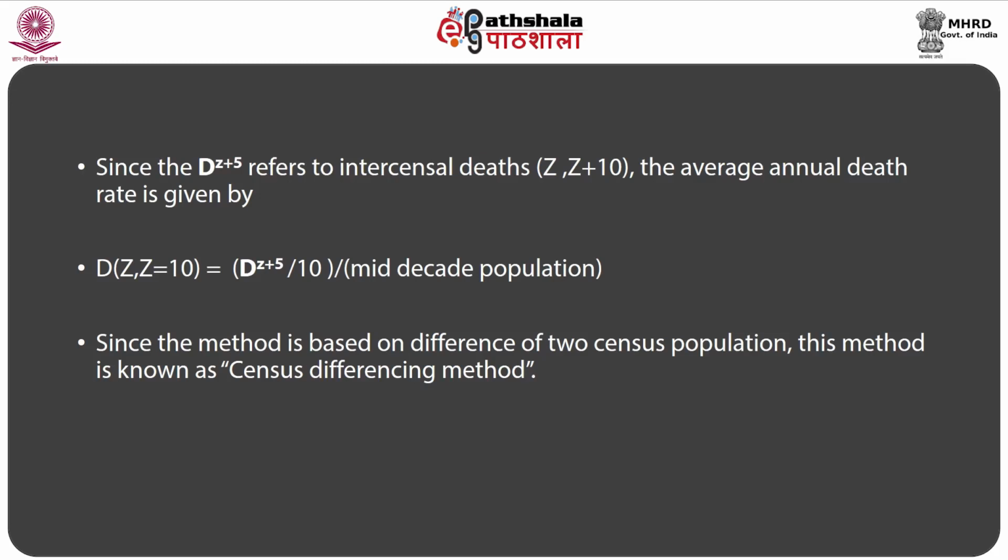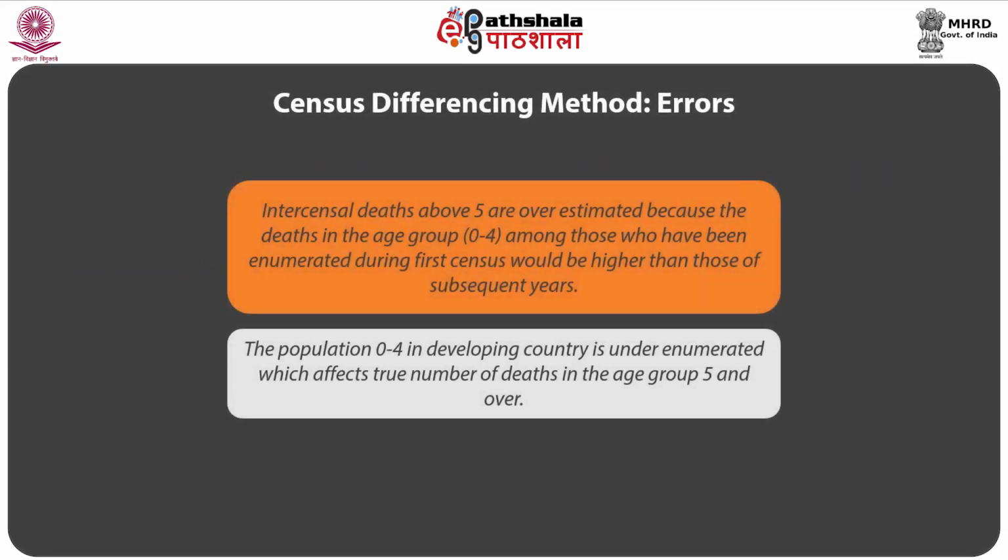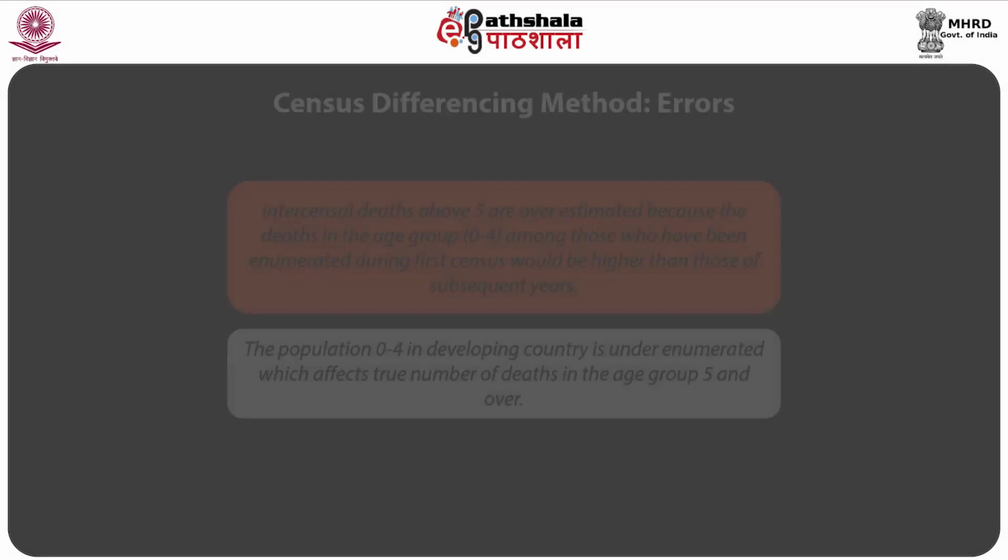Since the method is based on the difference of two census populations, it is known as the census differencing method. The census differencing method is subject to the following errors. Number 1: intercensal deaths above 5 are overestimated, because the deaths in the age group 0 to 4 among those enumerated during the first census would be higher than those of subsequent years.